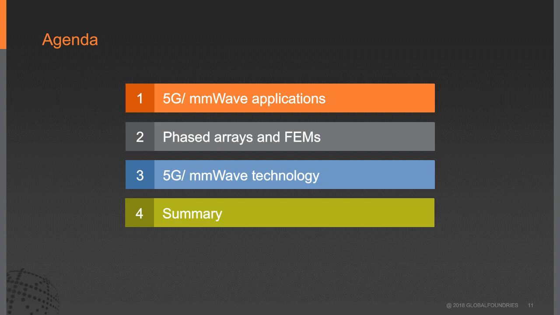In this section, I will talk about how phased arrays and front-end modules address millimeter wave application requirements, give a brief overview of different types of beamforming architectures for phased array antenna systems, followed by the impact of semiconductor technology on the number of phased array elements, and how phased arrays address these different applications.